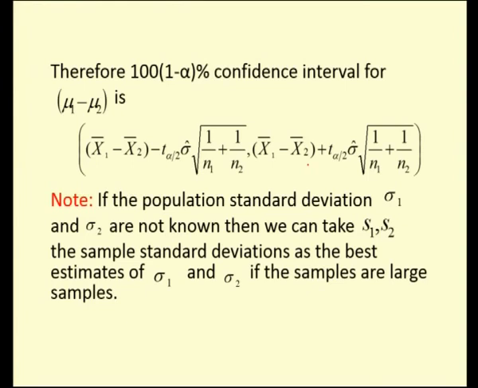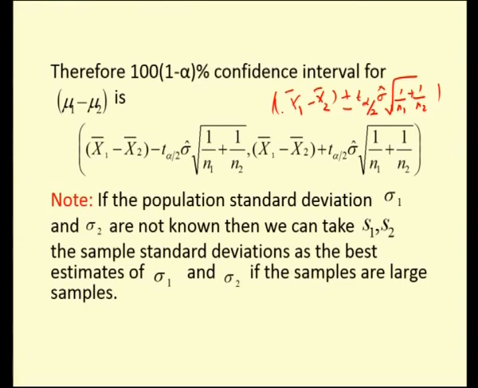Or if you want it in limit form, it is x1 bar minus x2 bar plus or minus t alpha by 2 sigma cap into square root of 1 by n1 plus 1 by n2. So, this will give you your confidence limit.